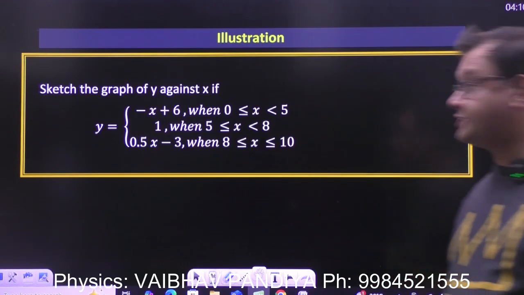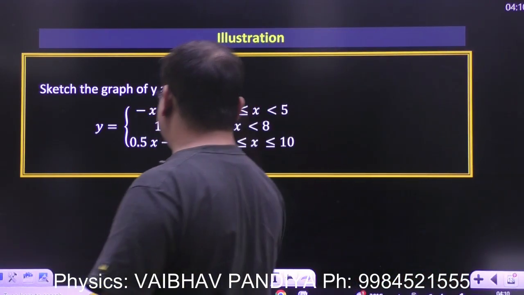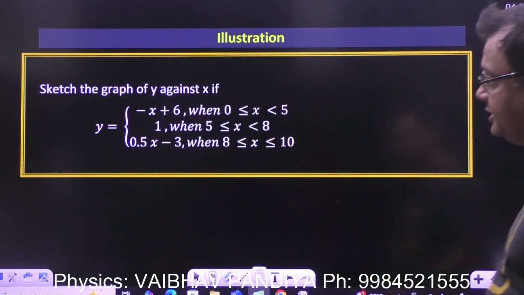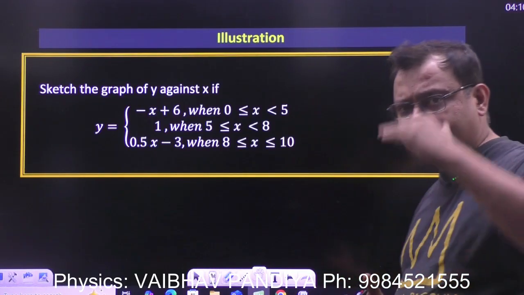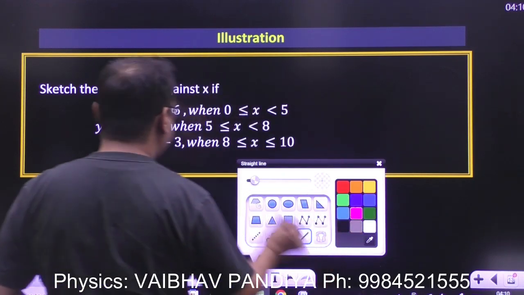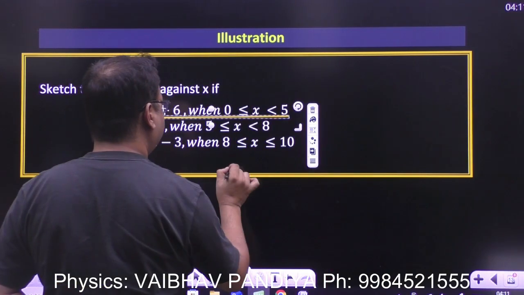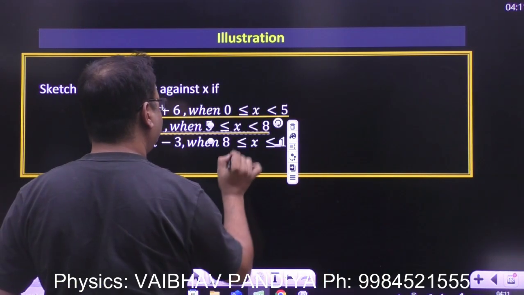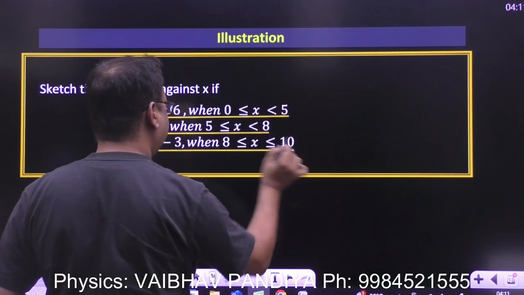Now see the next illustration. We have again a piecewise function, and you can see here y is described in 3 different segments. We have the first segment for this part of domain, second segment for this part of domain, and third segment for this part of domain.